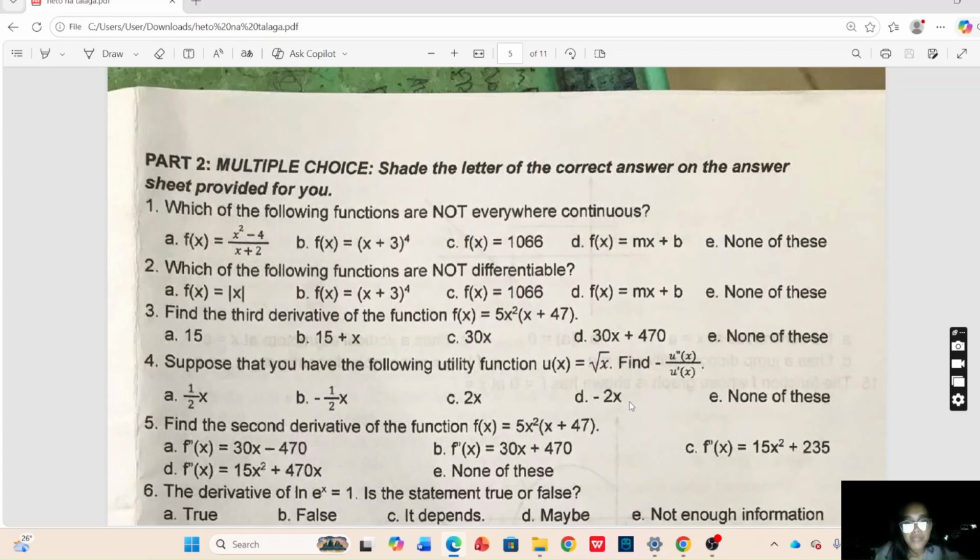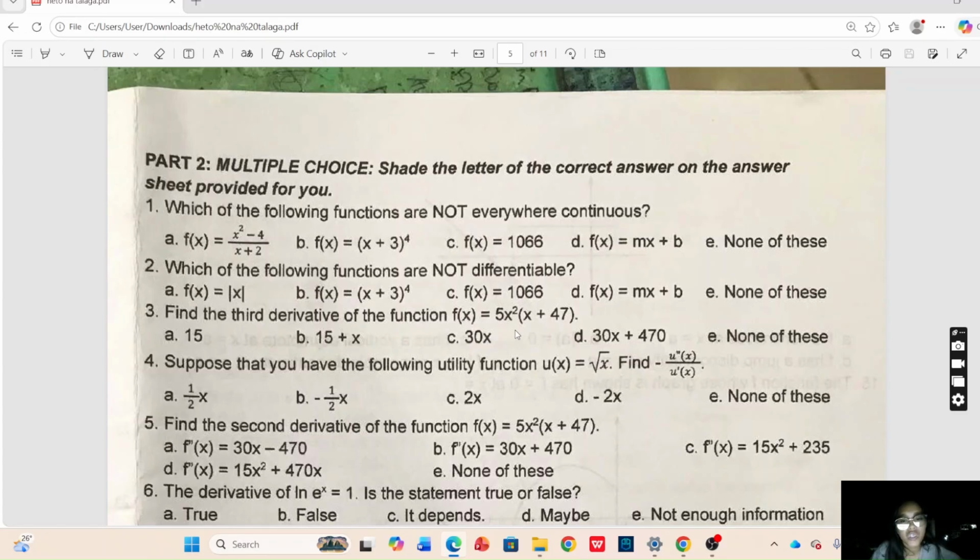So the answer would be letter A. This is correct because the rational function becomes undefined whenever the denominator becomes 0. A function can't be continuous at a value where it is undefined. That is a very basic concept in calculus.